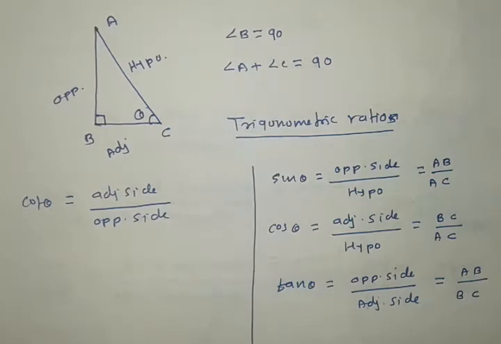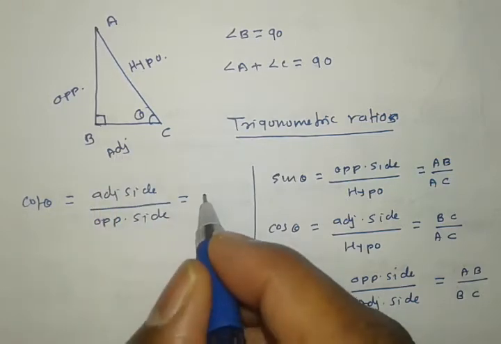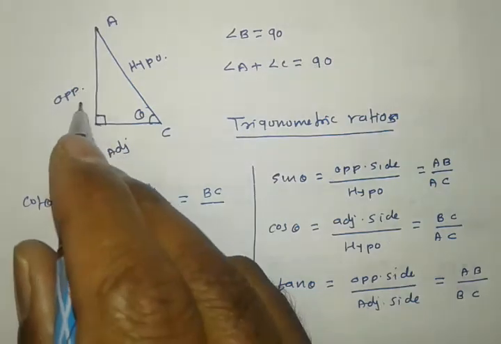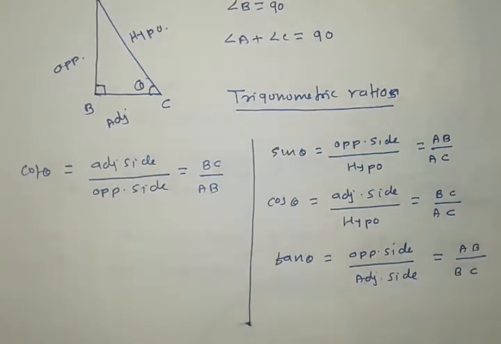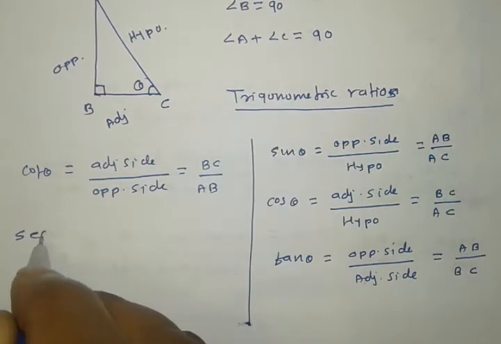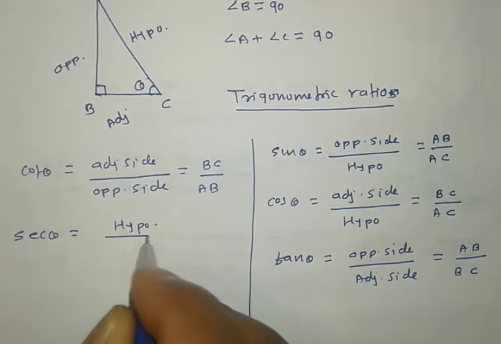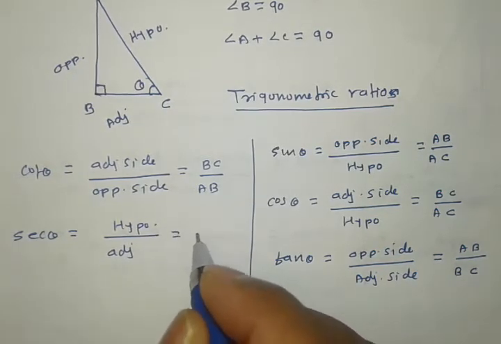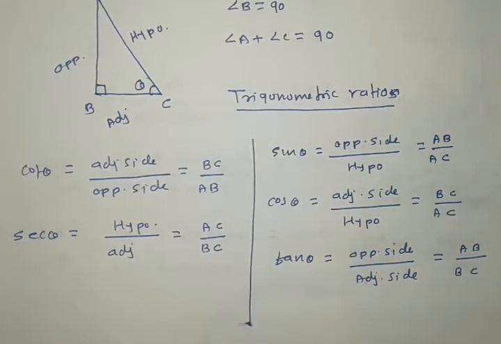The adjacent side is BC and the opposite side is AB. Then sec theta. The sec theta formula is hypotenuse upon adjacent side. Hypotenuse is AC and adjacent is BC.